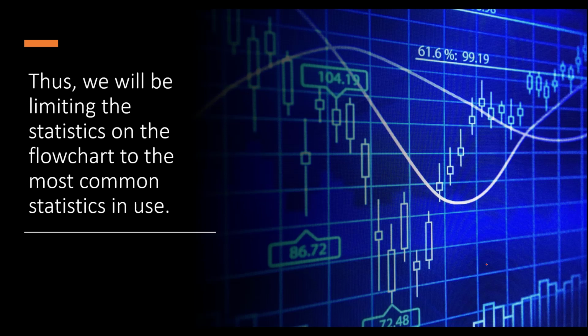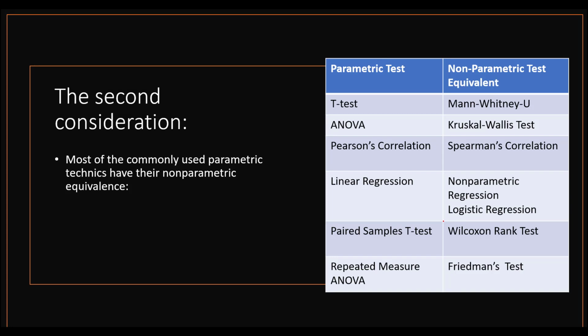Therefore, the first consideration is that we will be limiting the statistics on the flowchart to the most common statistics in use. Otherwise, it will be too cumbersome. In addition, we are not showing non-parametric techniques on the flowchart. This is because most of the commonly used parametric techniques have their non-parametric equivalents as shown on the table. For example, the non-parametric equivalent of the t-test is the Mann-Whitney-U.